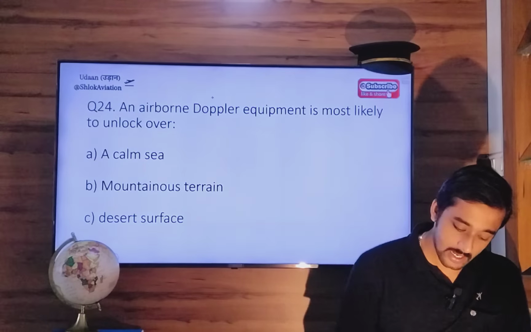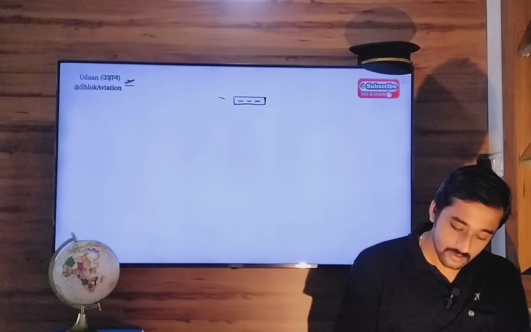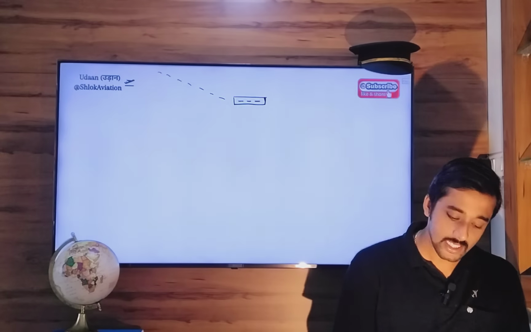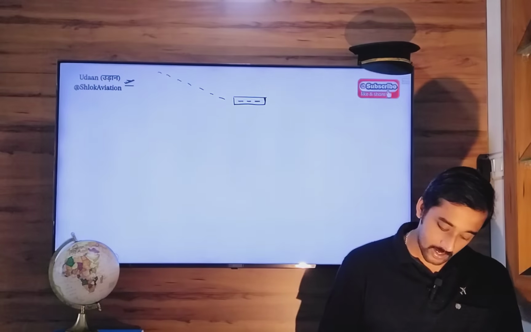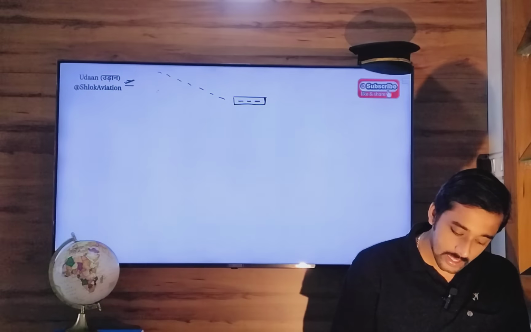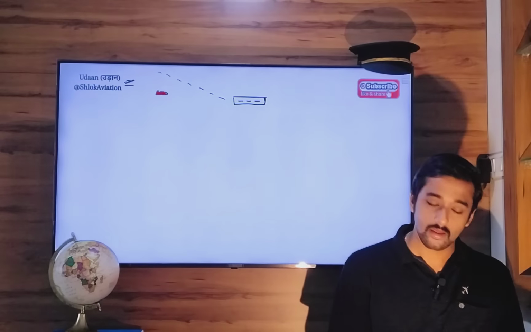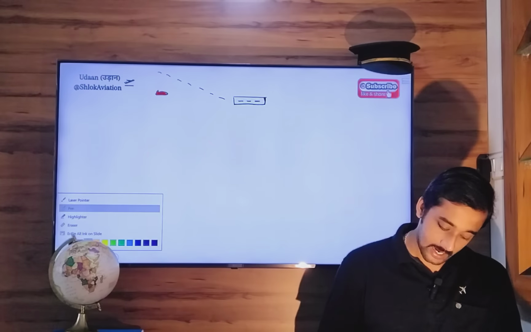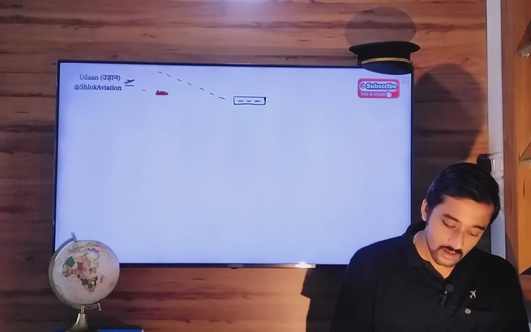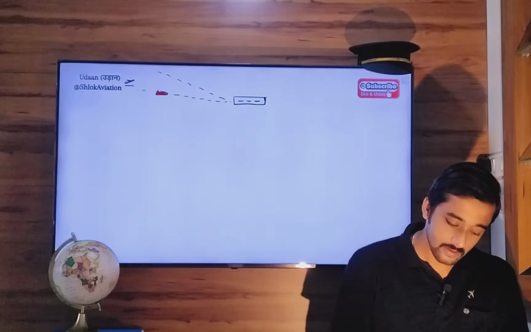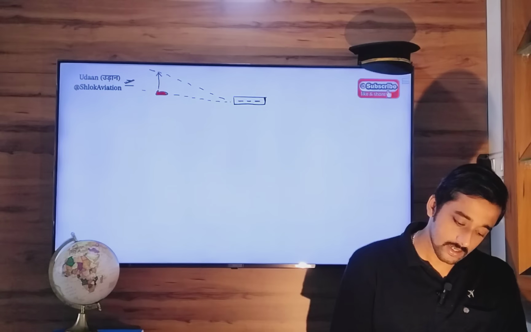This is the 3-degree standard glide path. Aircraft is expected to be on this 3-degree glide path, but it is below that glide path somewhere here. Okay, it is below that glide path, and we have to find this vertical distance.